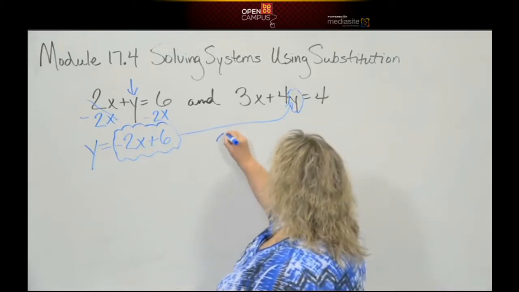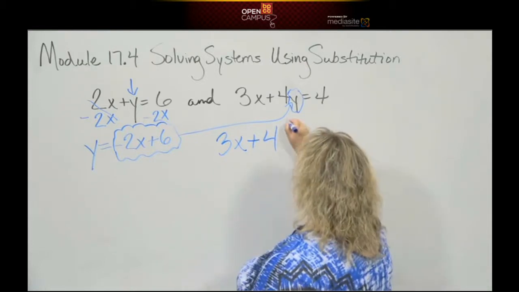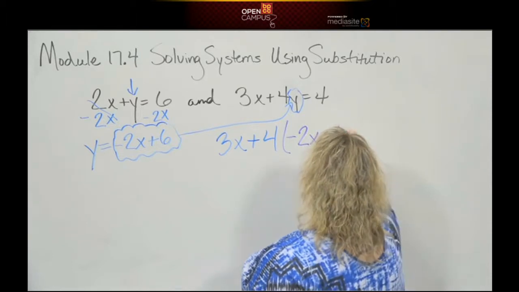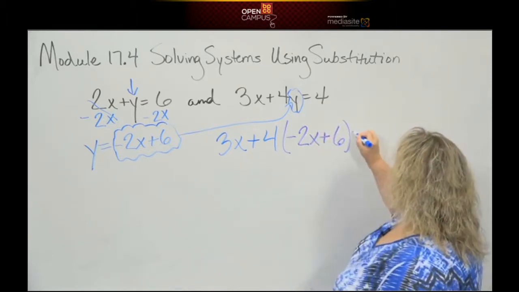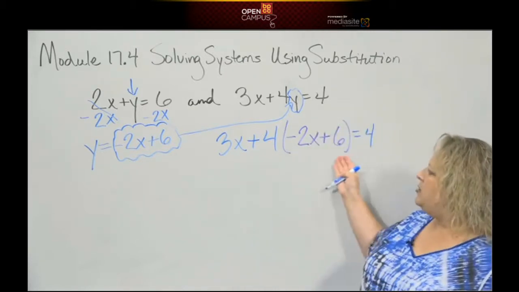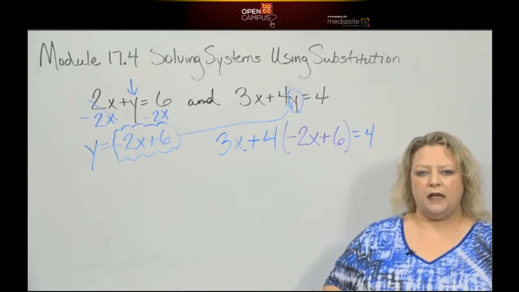So we have 3x plus 4 times y, and let's substitute in purple today. Negative 2x plus 6, there's my substitution, is equal to 4, okay? Now if you look at the equation, you have an x here, you have an x here, and that's the only letter you've got.